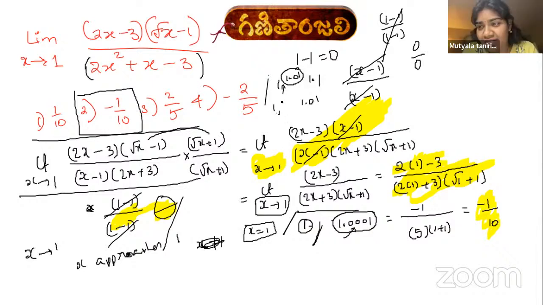Yes, 1.001 lies between 1 and 1.01. Please tell me a number like this. What is that number? 1.0000, how many zeros? 4 and above.